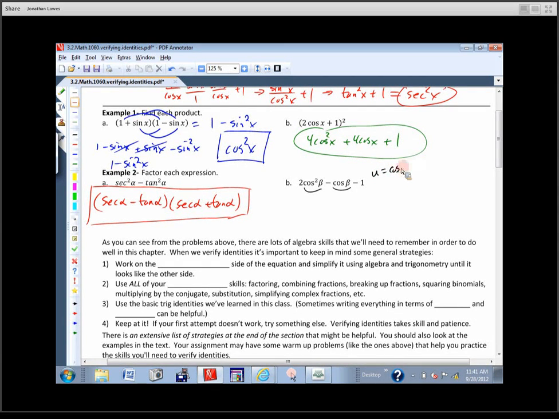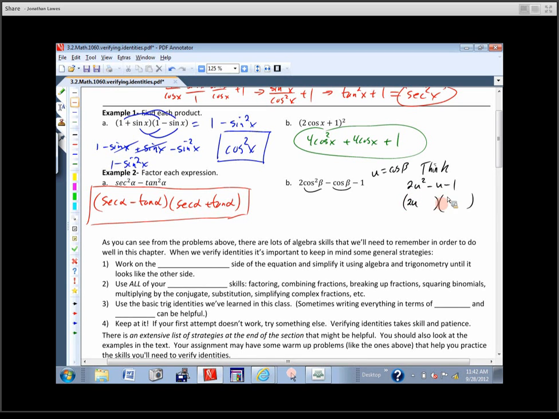So we could say u is equal to the cosine of beta, and then we think of doing this problem. 2u squared minus u, minus u minus 1. And then we think of whether or not that factors. Okay. Well, that's a fairly simple trinomial to factor.